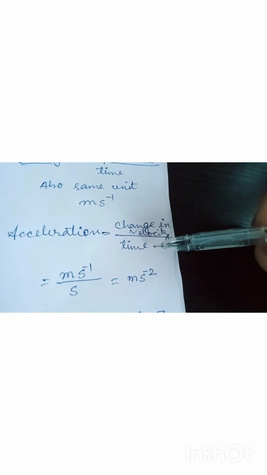Then for acceleration, acceleration is the change in velocity divided by time. We already have the velocity units, so directly putting meter per second by second gives us meter per second square. So we get the unit of acceleration, which is also a derived unit.